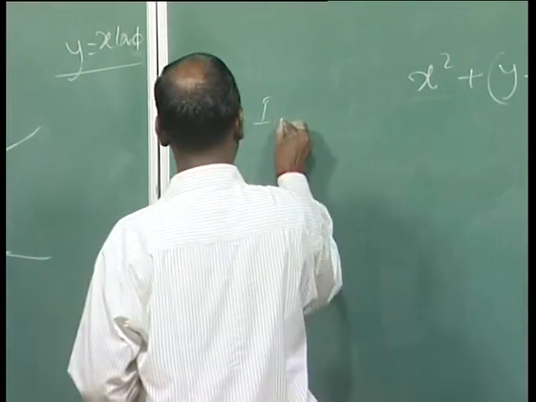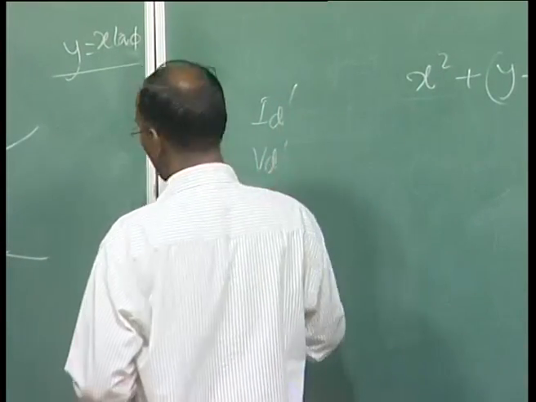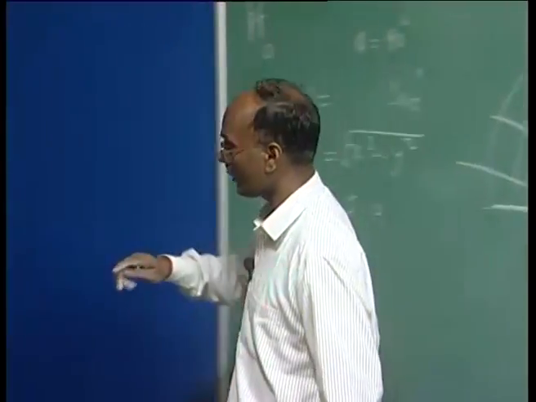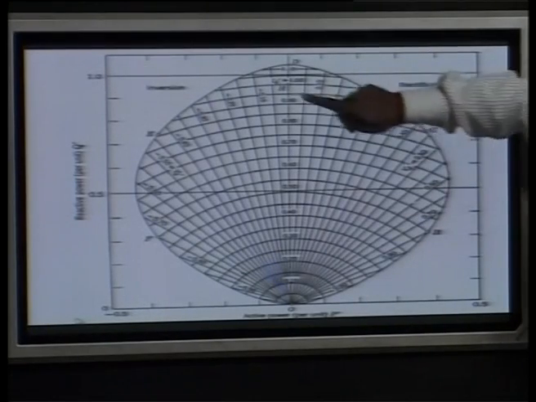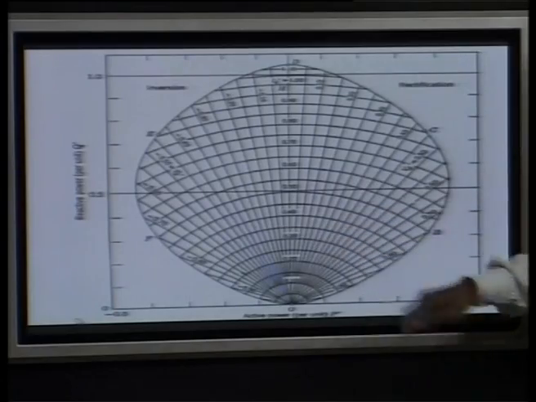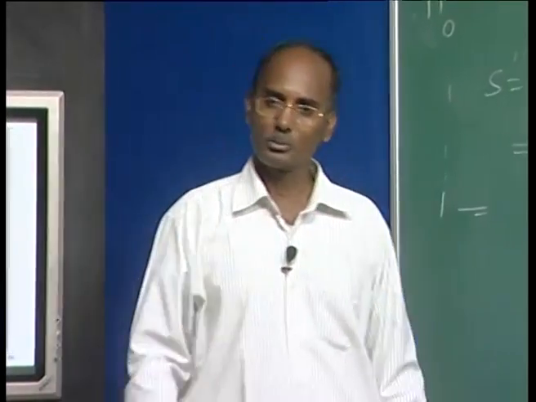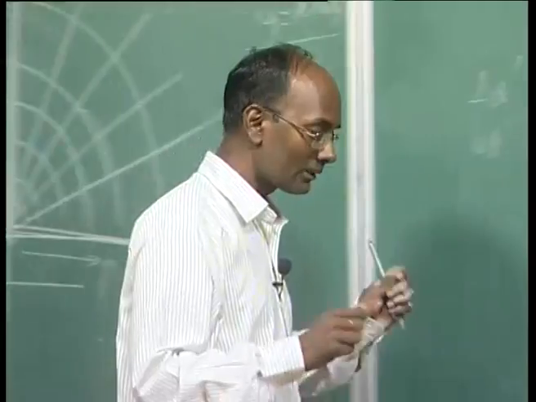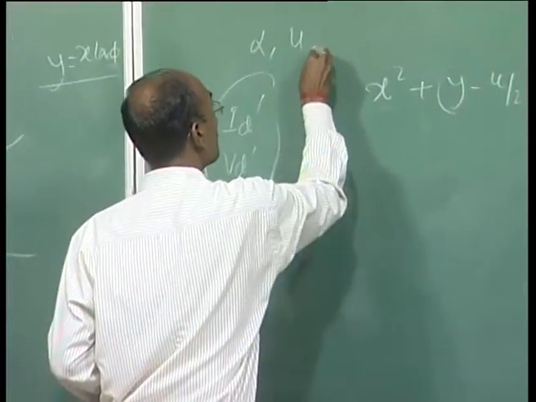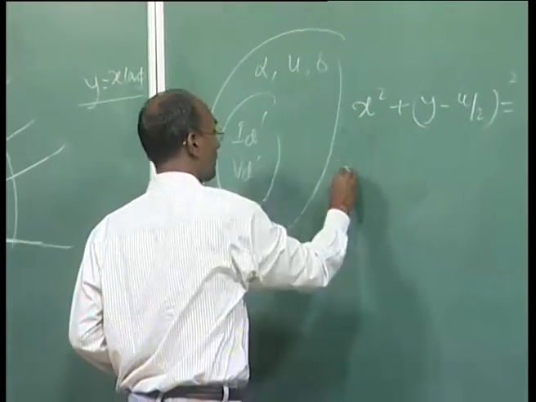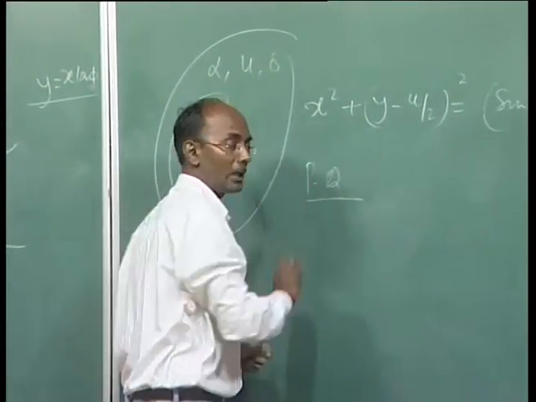Here we are drawing the ID prime and the VD prime, but we have taken care that the VDs change with the axis VD, and the currents are this one. So this chart is again very complex. That's why I said that if you go for DC side quantities alpha, U and delta on the PQ axis, it's a complex chart.